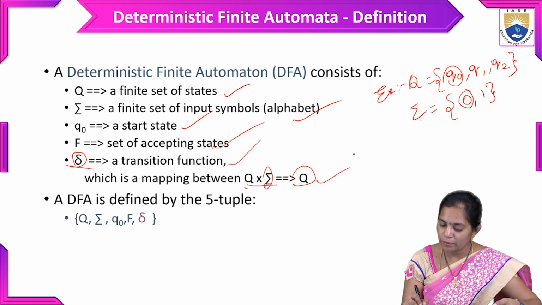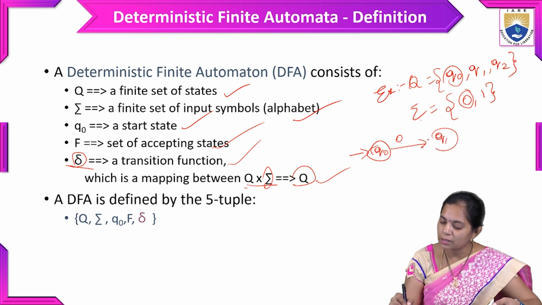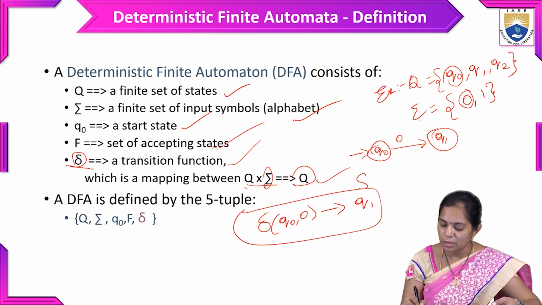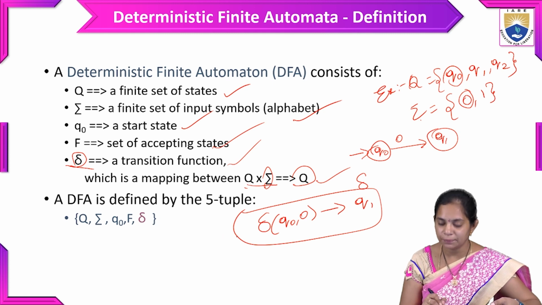Suppose we take the example of Q naught. Q naught is a state, and we have to give it 0 or 1. If you give 0, it reaches another state. That is represented as delta of Q naught, 0, which leads to the Q1 state. This is the transition function, represented as delta.